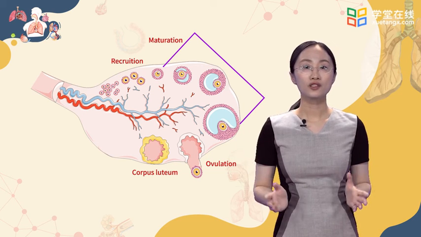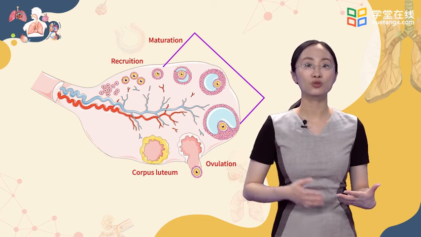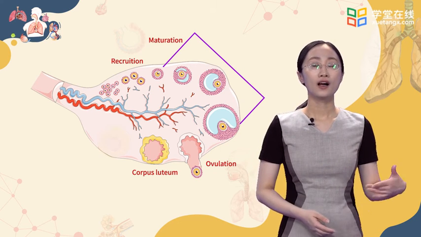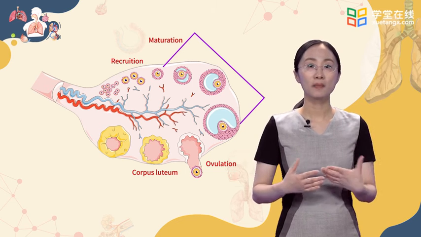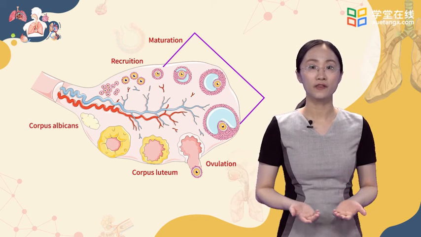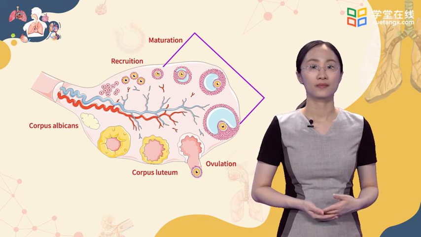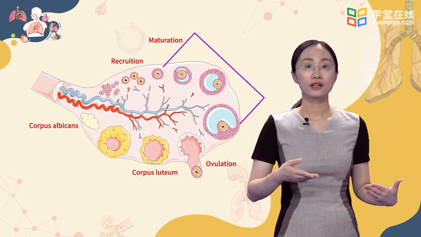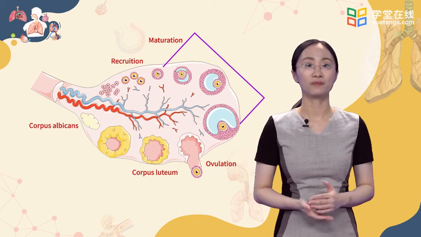The normal functional lifespan of the corpus luteum is about 9 to 10 days. After it regresses, menstruation occurs and the corpus luteum is gradually replaced by an avascular scar called a corpus albicans. These events occurring in the ovary complete a cycle.